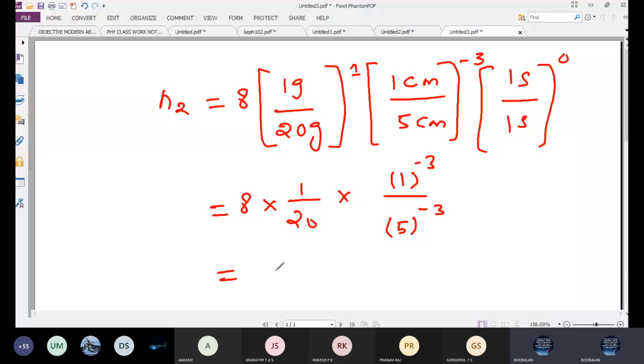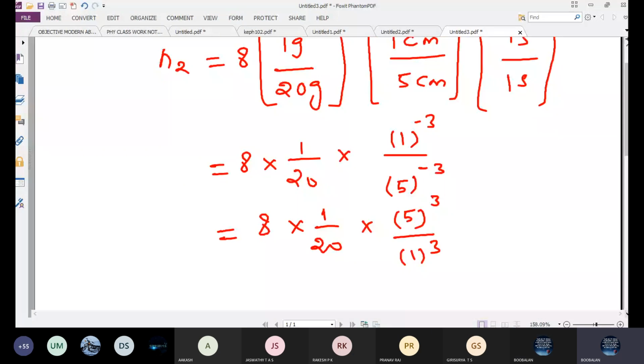Do the reciprocal, ma: 5 power plus 3 divided by 1 power plus 3. I'm doing the reciprocal so that you will get a positive value. So then you will get the N2 value 50. That's all. Be completed.